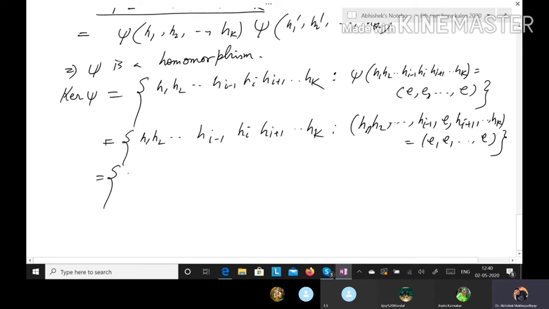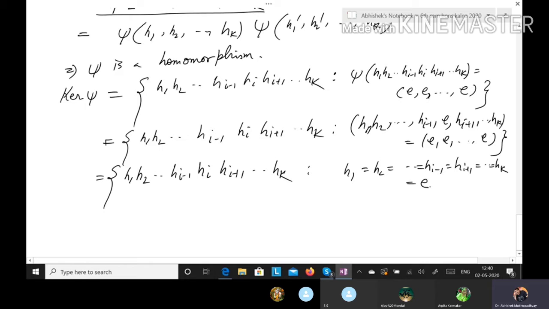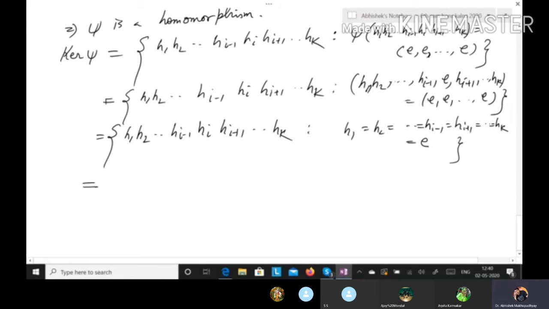And this proves that the set of all those h1, h2, hi minus 1, hi plus 1, hk are all identity. So these are all identity except hi. So this gives that the set of all those hi, which are in capital Hi. So that means it is capital Hi.